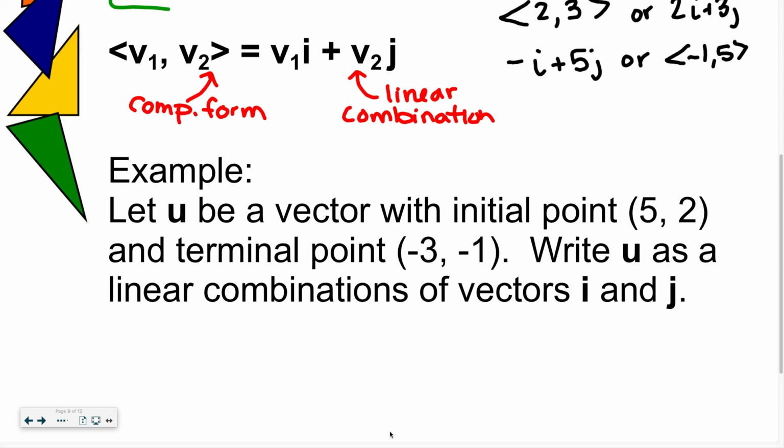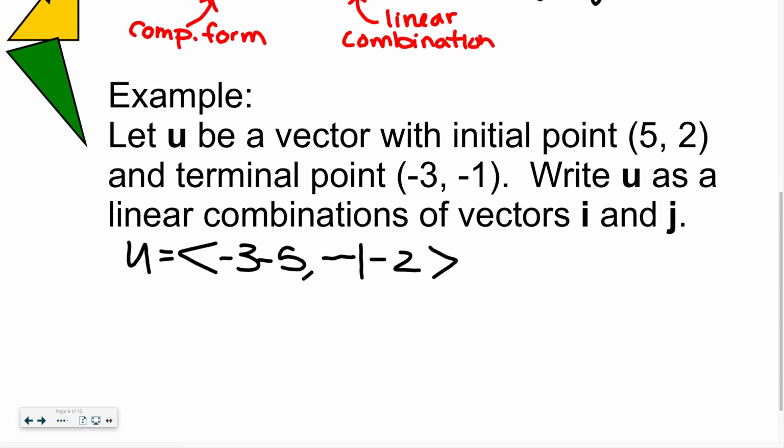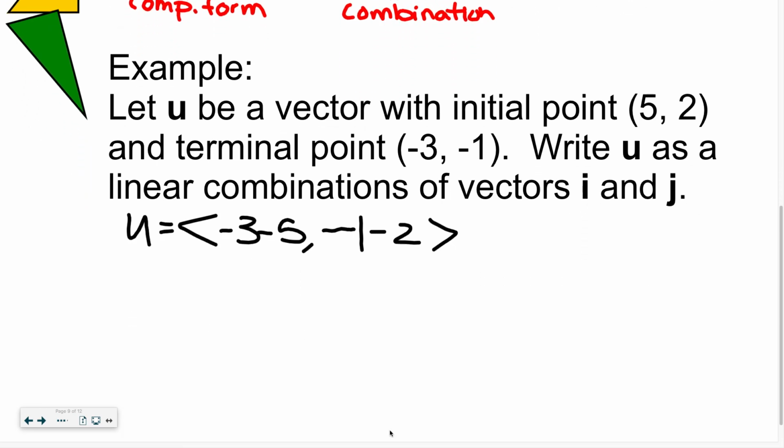How do you get component form when you get an initial and a terminal point? Subtract terminal minus initial, right? For horizontal and vertical. So this is u. Terminal is -3 minus 5 and -1 minus 2. Terminal minus initial for the horizontal component. Terminal minus initial for the vertical component.